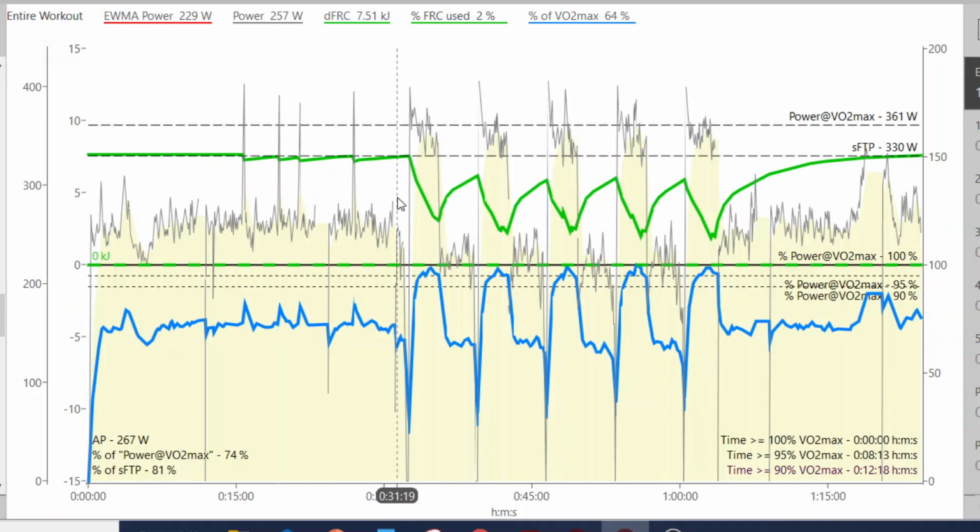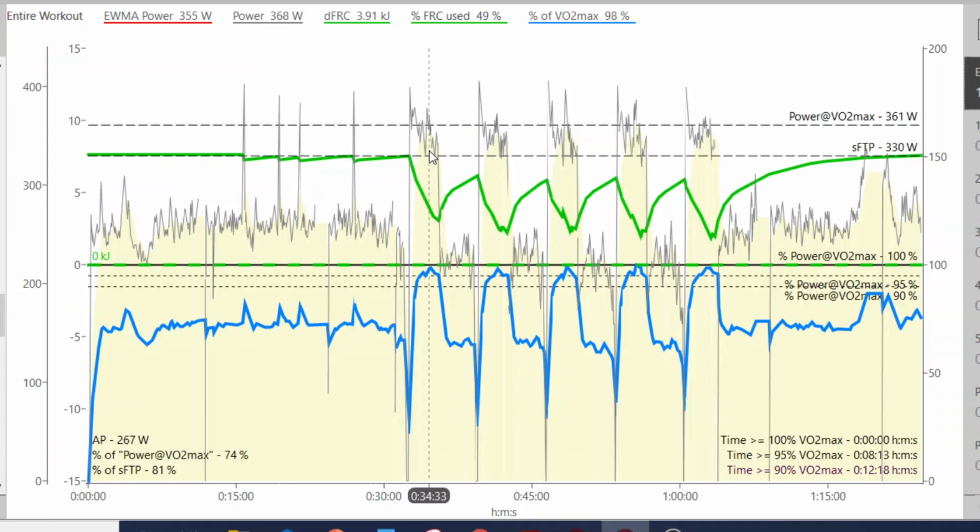I mentioned one other: we could add intervals to the set, or we could also manipulate the number of sets. But in this case, there are four primary measures that we could alter in this session. We can increase intensity.